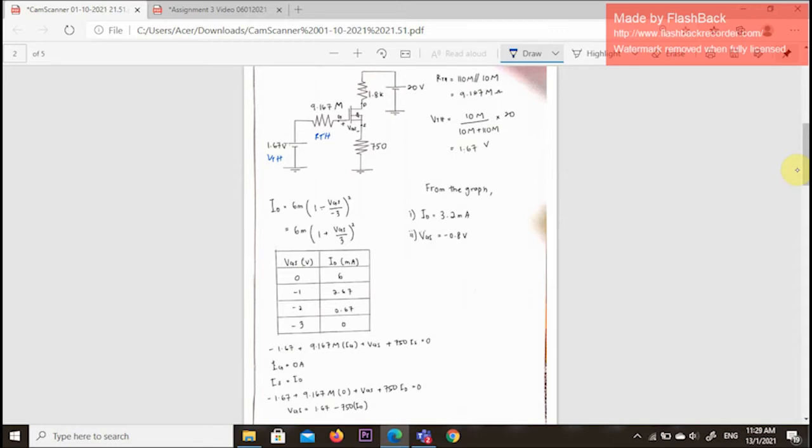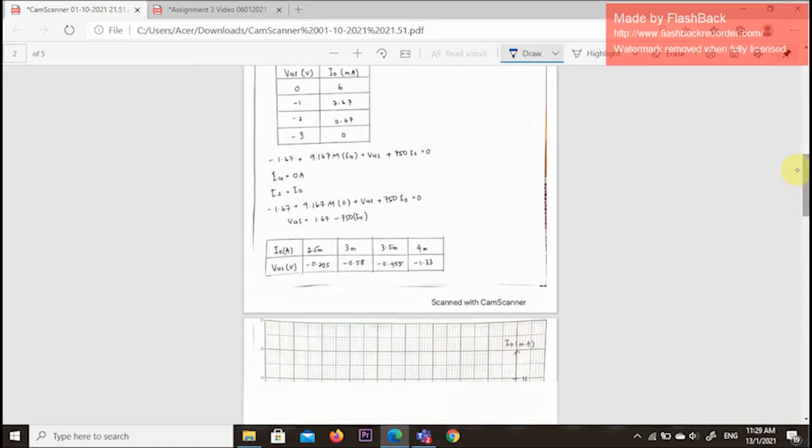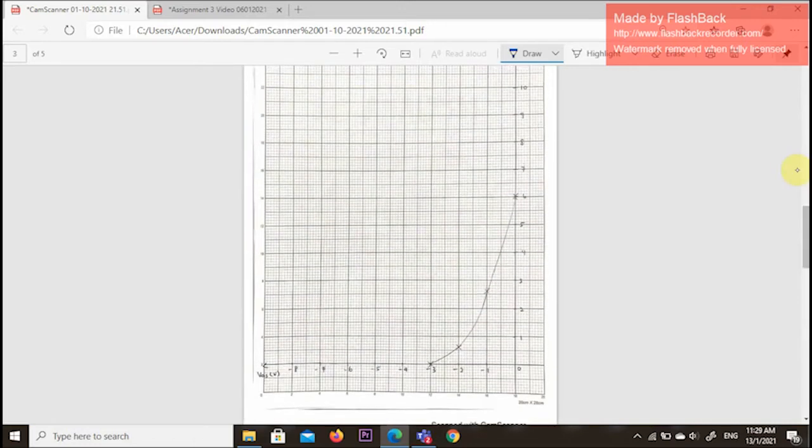I put these values in this VGS, and the values of ID that I get are 6 milli, 2.67 milli, 0.67 milli and 0. After we get these values, we can plot the graph as can be seen here. This is the graph that I get from the values before.